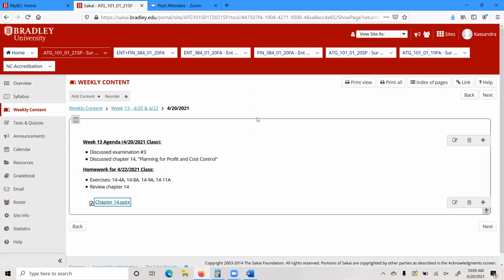So we'll talk exercises next time, and that'd be 14.4a. And 14.4a is on page 526. And that's preparing sales budgets with some different assumptions. There's 3 different divisions of a given company, Axon Company. The divisions have different growth rates.